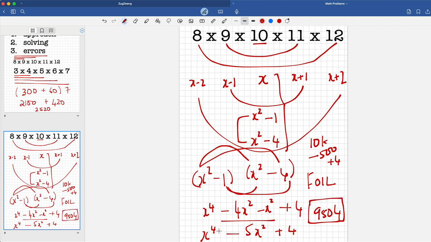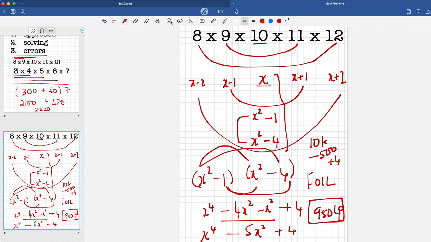And remember, when I do all of this, I need to finally multiply it with x, which means the answer is 95040. As you can imagine, approaching it algebraically is much easier than the brute force method that was seen in the previous one.